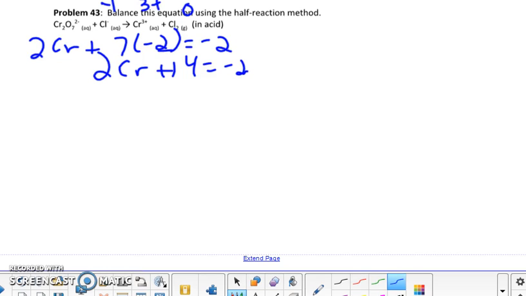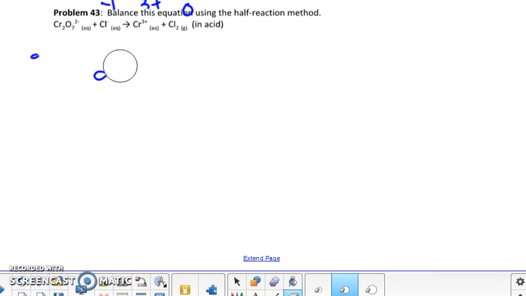Add 14 to both sides, so 2 chromium is equal to 12, so chromium is equal to +6. Let me erase all this and put a +6 up by chromium. So chromium is +6, oxygen's -2, chlorine's -1, chromium is 3+, and chlorine is 0.